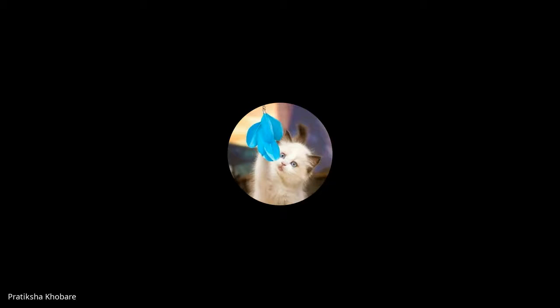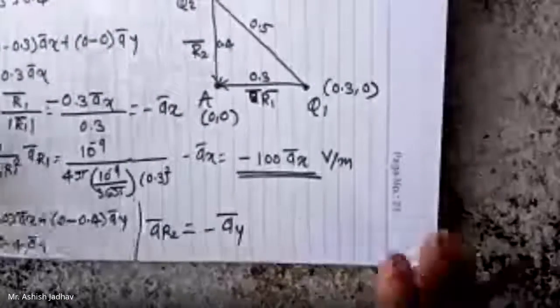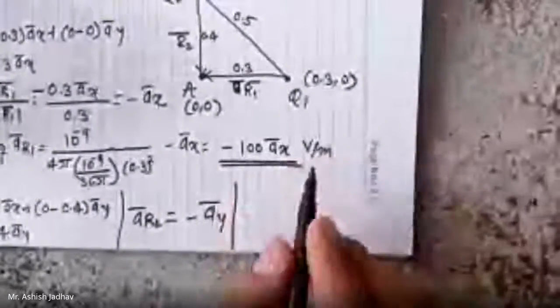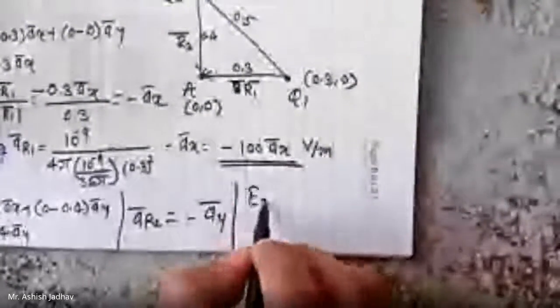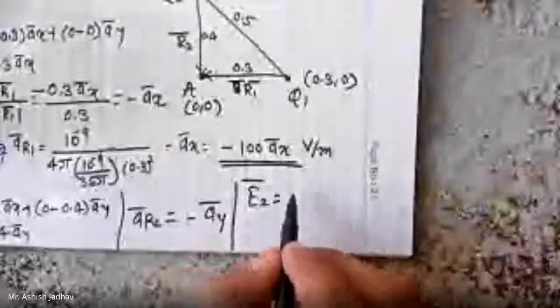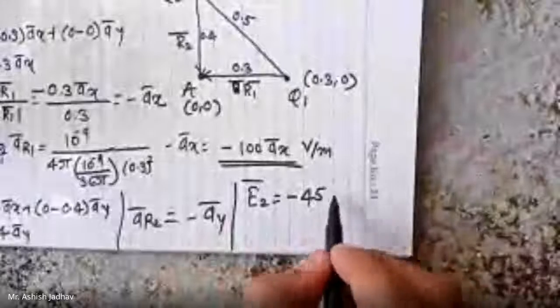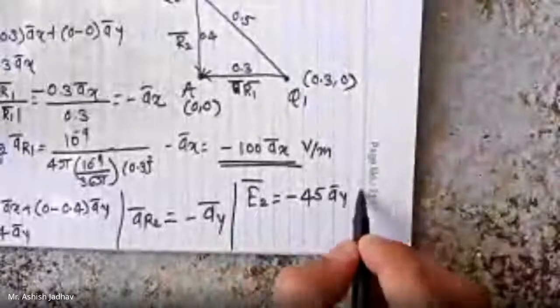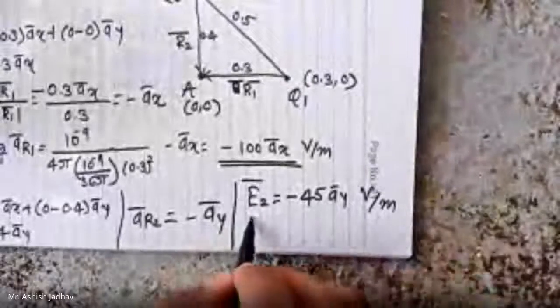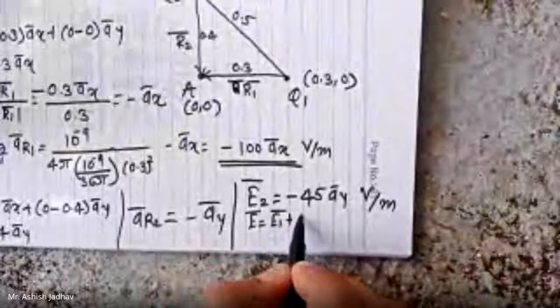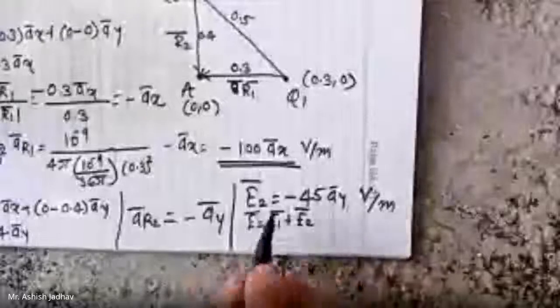Minus 45 a bar y. Correct. So E2 I will not show. E2 is equal to, I am writing the answer directly, minus 45 a bar y volts per meter. So what is the value of E bar? E bar is equal to E1 plus E2. Add those two and tell me the answer.